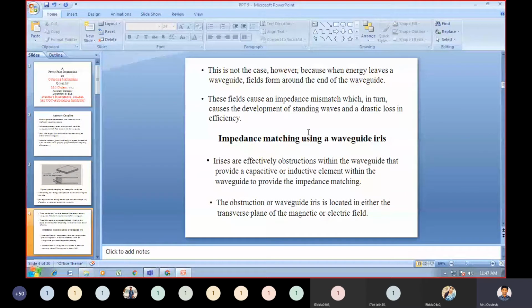However, because when energy leaves a waveguide, the field forms around the end of the waveguide.